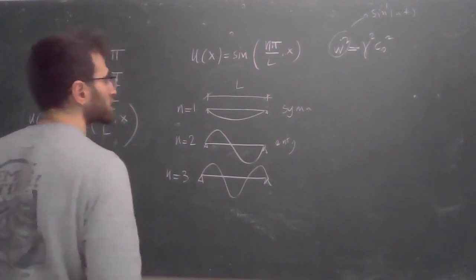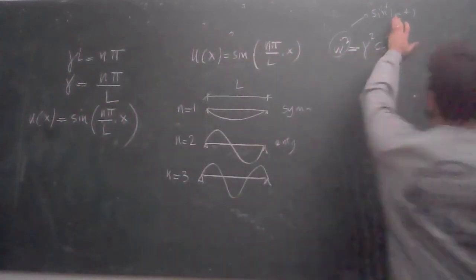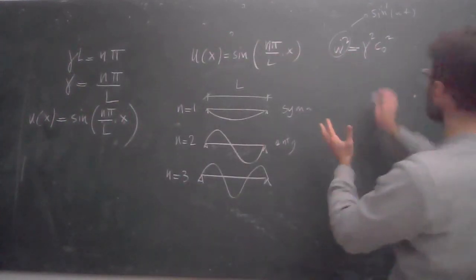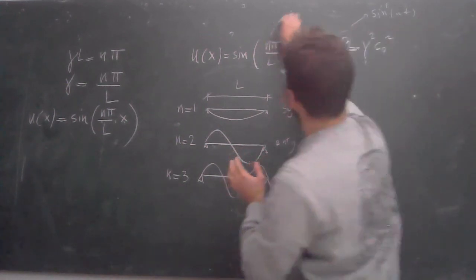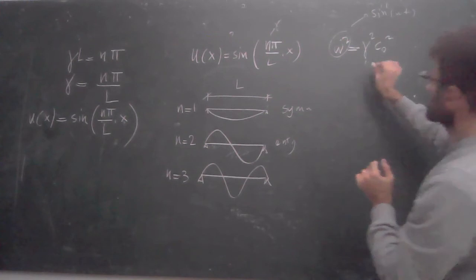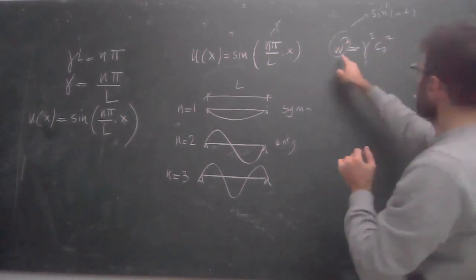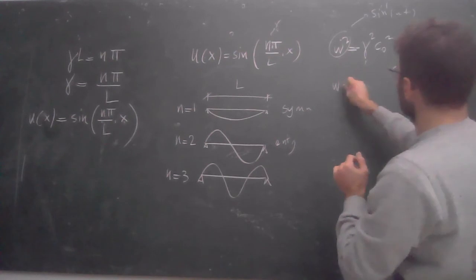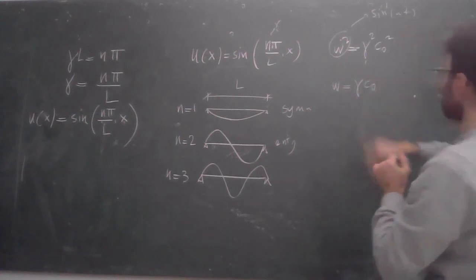Omega is the circular frequency, which appears in the argument of the sine. So corresponding to each gamma, there is always an omega. And omega is gamma C0.